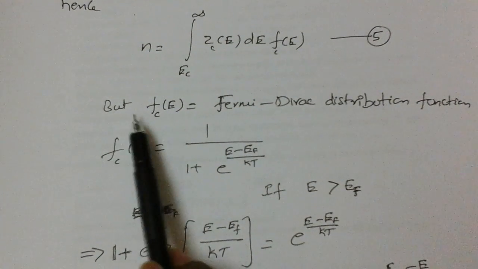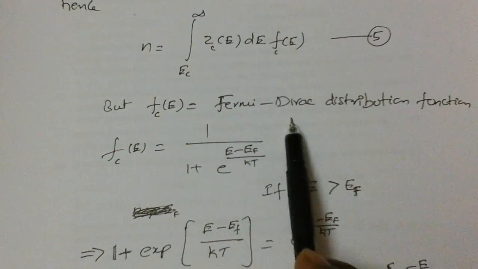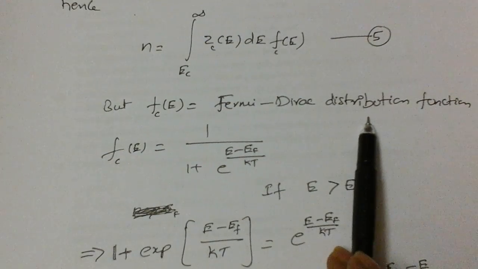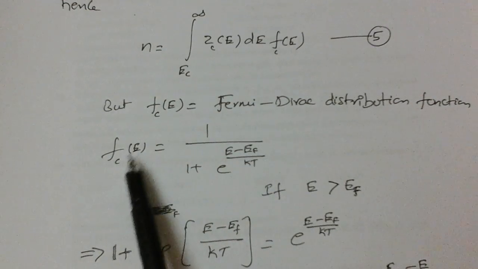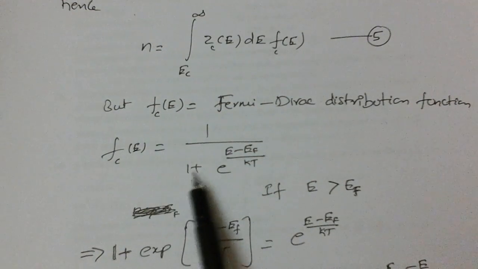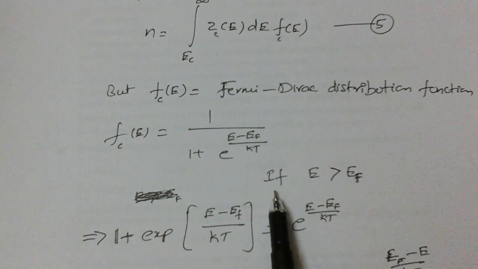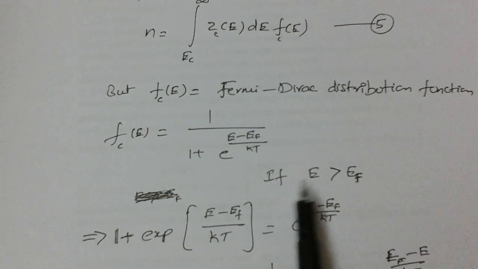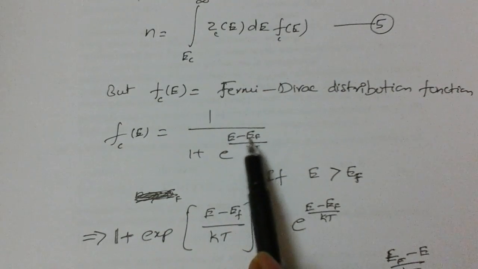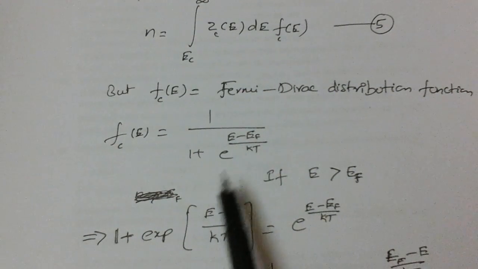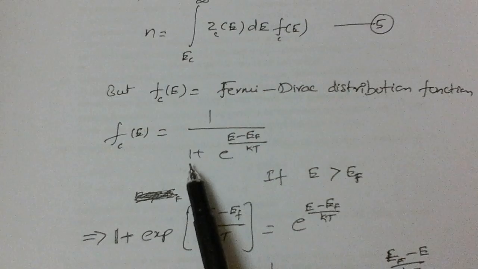But Fermi energy level EF, and Fc(E) means the Fermi-Dirac distribution of electrons. So electron distribution is done by Fermi-Dirac statistics. From the Fermi-Dirac statistics, f(E) is 1 by 1 plus e power of (E minus EF) by kT. But if you assume the value of E is greater than EF, this exponential term becomes more and more large, and then we can neglect 1.